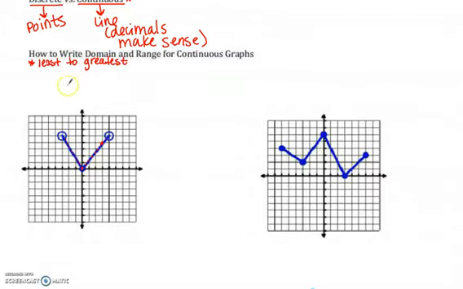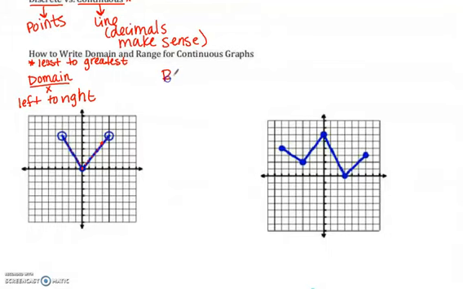So let's deal with domain first, and then we'll deal with range over here. So, domain is the x, right? Well, if I look at the x-axis, the x-axis goes from left to right. And the least values, the lower values are to the left, and the upper values are to the right. Okay? So this is left to right. And we're going to write it in a very special way, and I'll show you in a second. Okay?